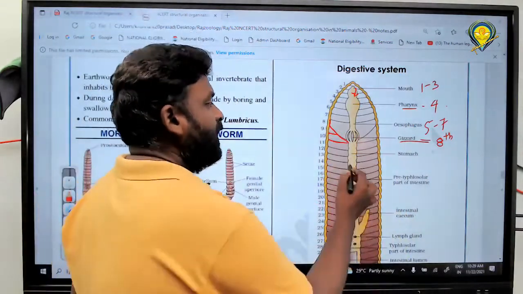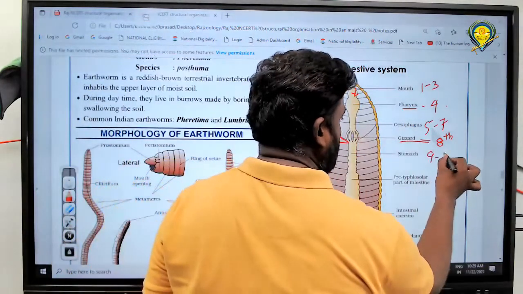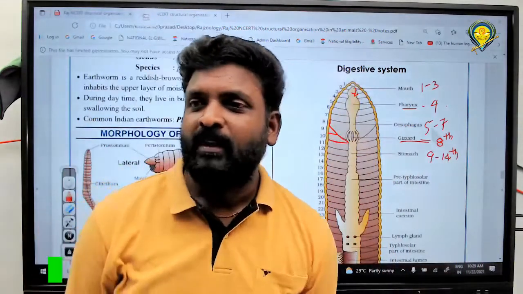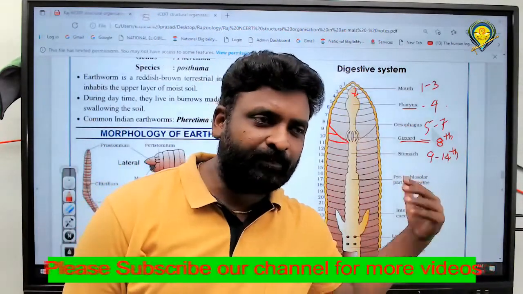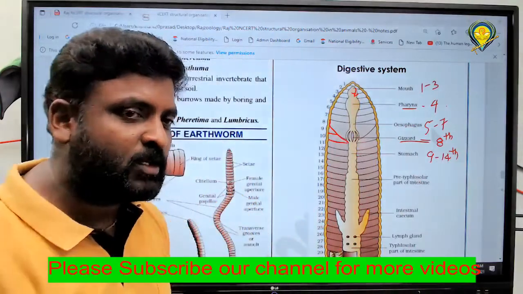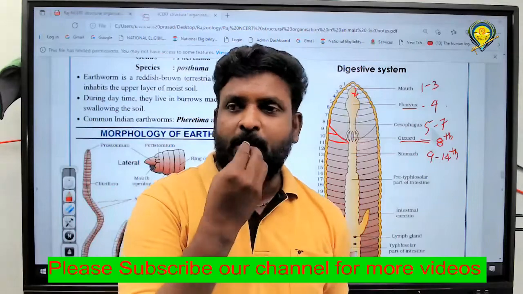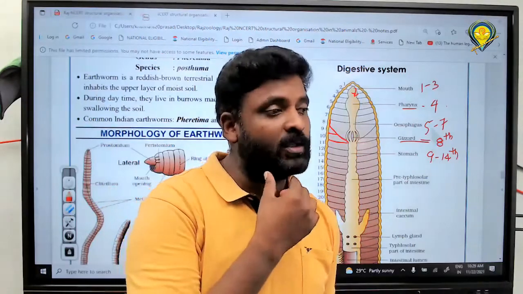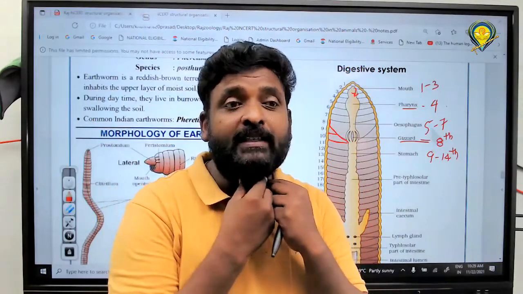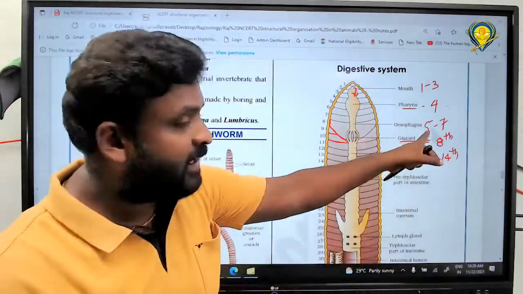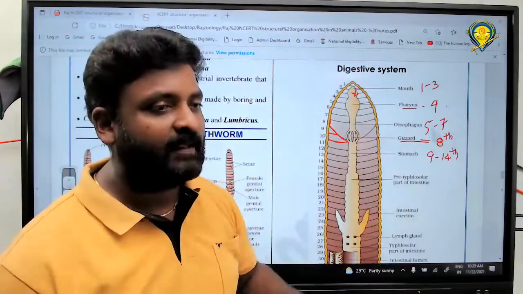And next one, stomach from 9 to 14. What is the location? The stomach is located at 9 to 14. The mouth opens into the buccal cavity, which is the first to third segment, and next the pharynx opens into the esophagus. The esophagus opens into the gizzard.